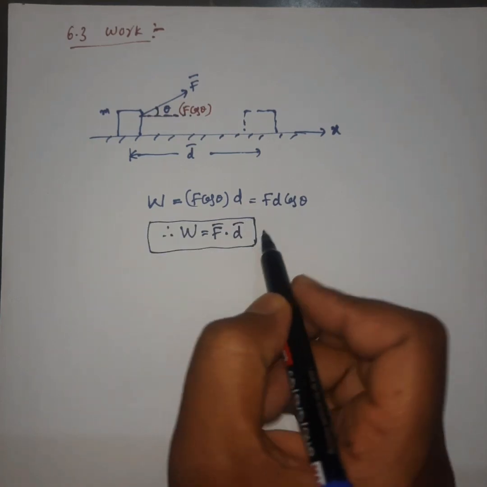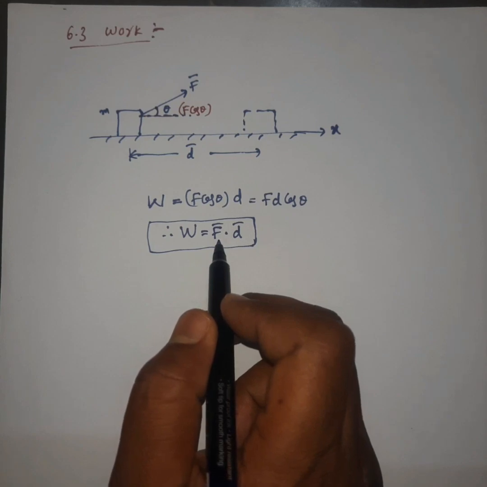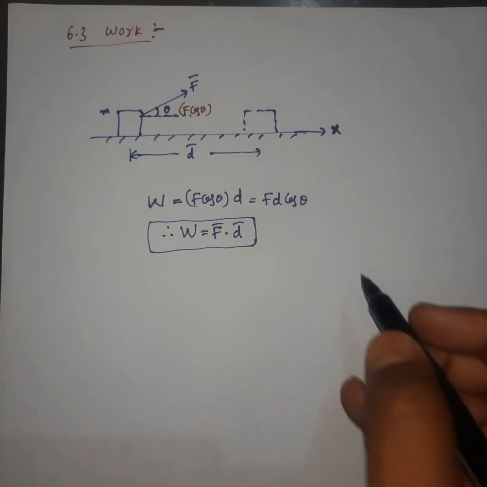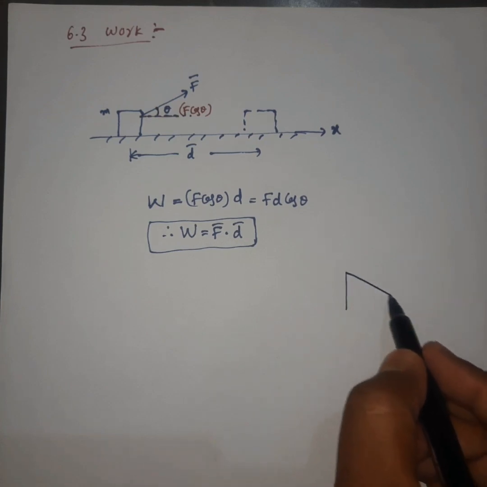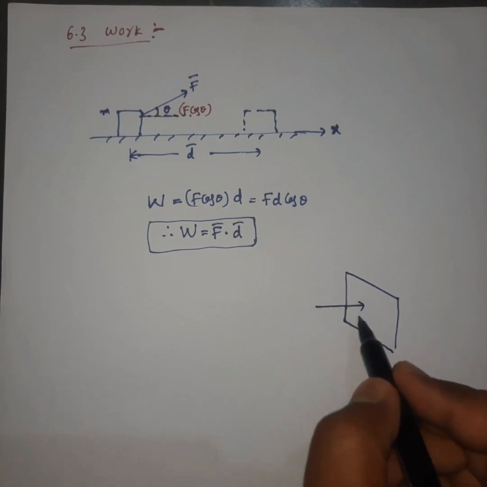Work done is a scalar quantity. For example, if there is no displacement, there is no work done, even if the force is large, for example applying a large force on a wall.